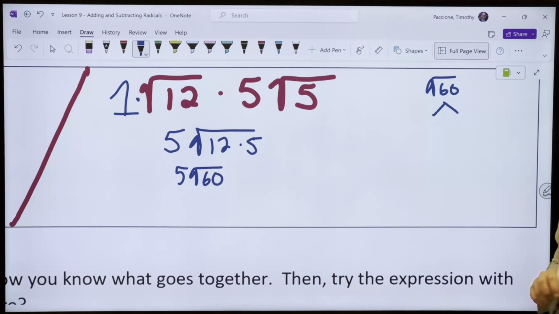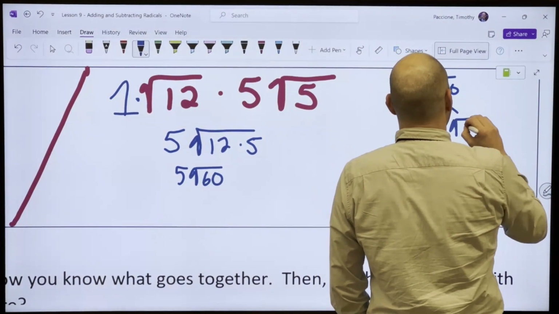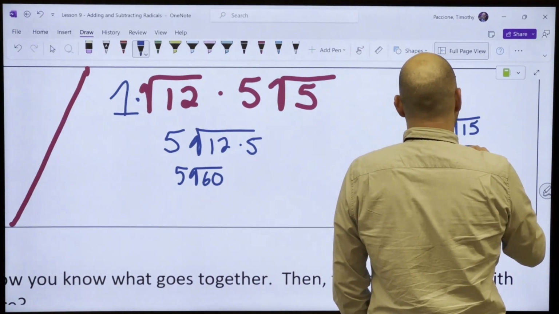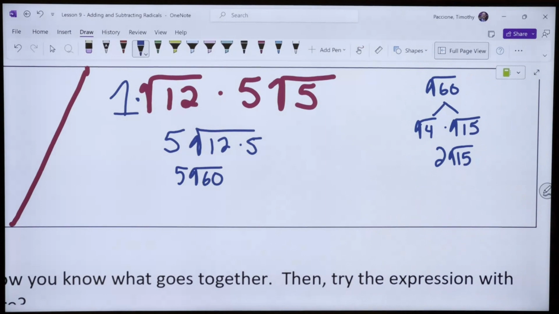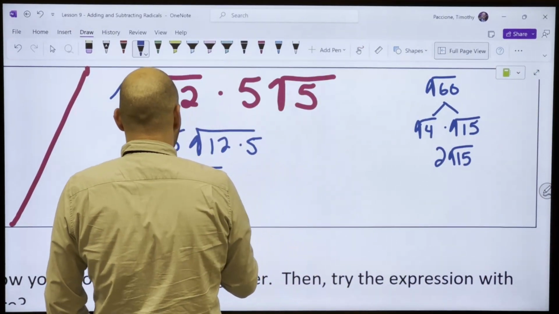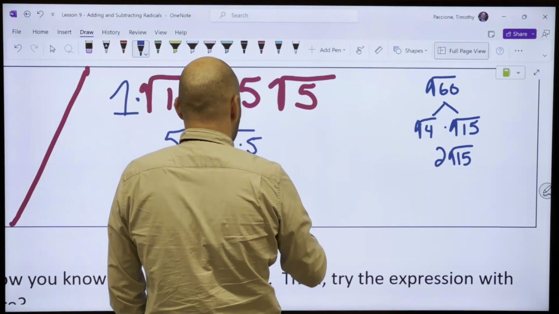What is it? 4. So this would be the square root of 4 times the square root of 15, which would be 2 square root of 15, right? Which would then be 5 times 2 times square root of 15, which is 10 square root of 15.